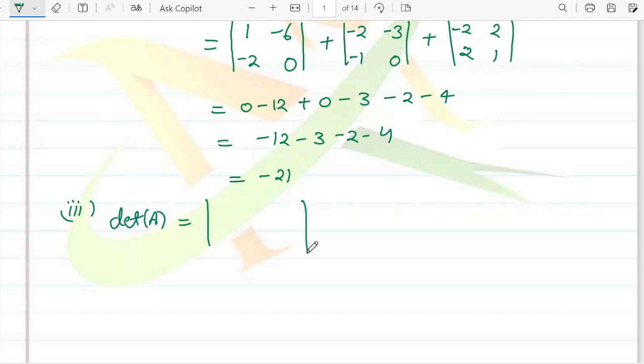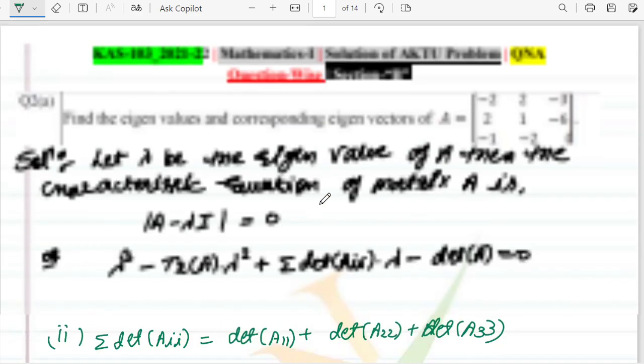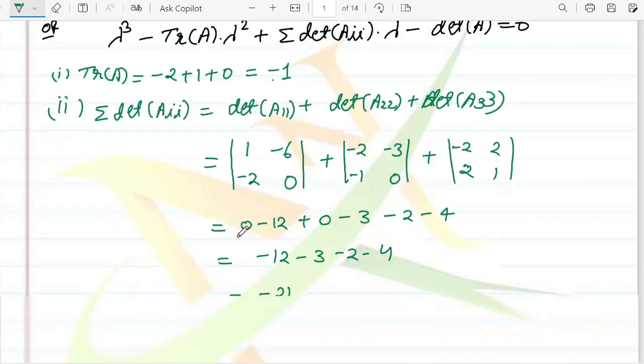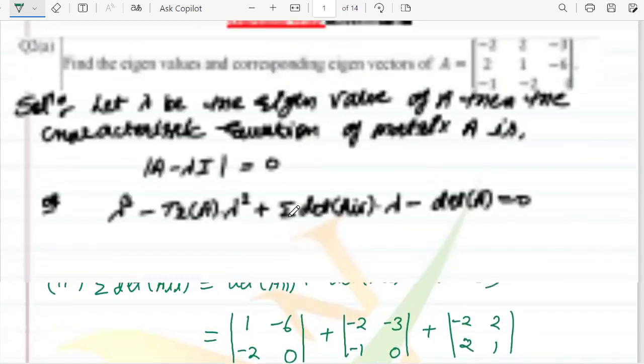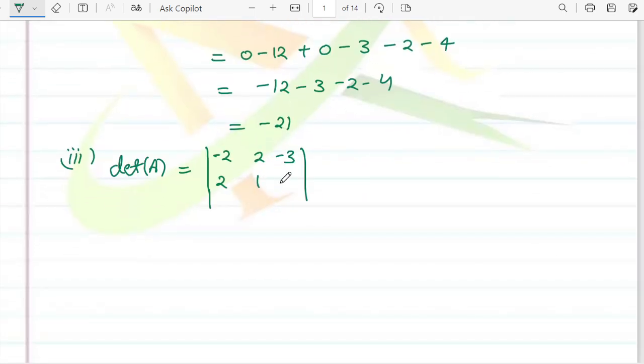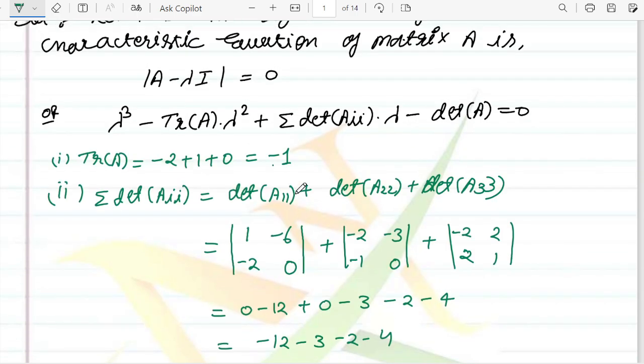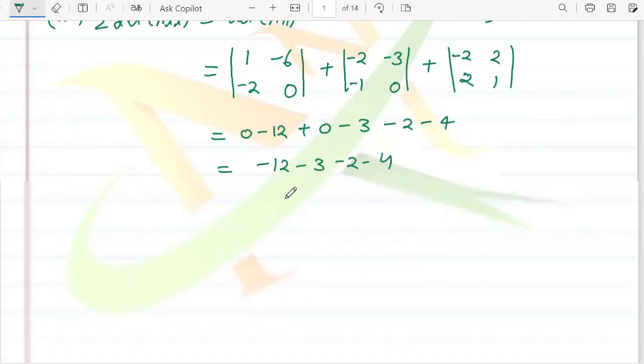Therefore determinant of matrix A, given minus 2 2 minus 3, 2 1 minus 6 and minus 1 minus 2 0.